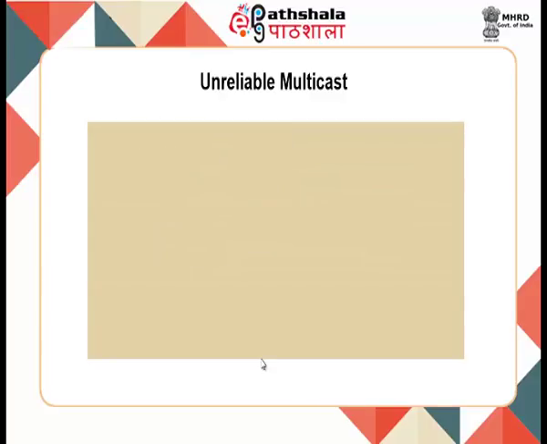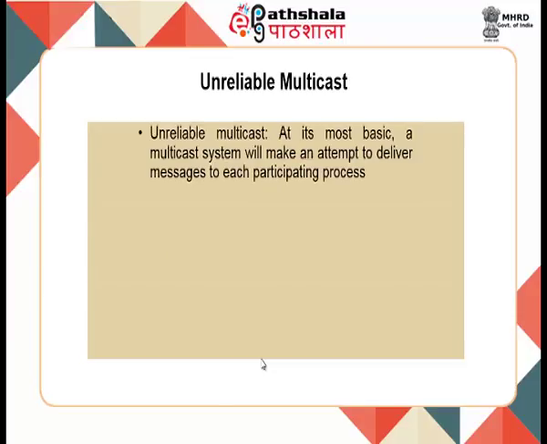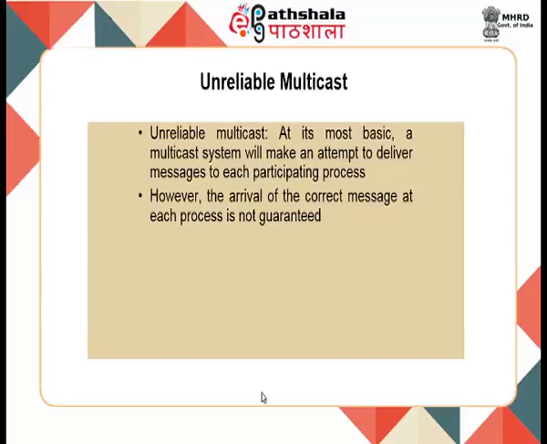So, let us look at unreliability in multicasting. An unreliable multicast will be in a very basic form. It will be a system which attempts to deliver messages to all the participating processes. However, there is no guarantee of arrival of the correct message in each process. That guarantee it does not give.